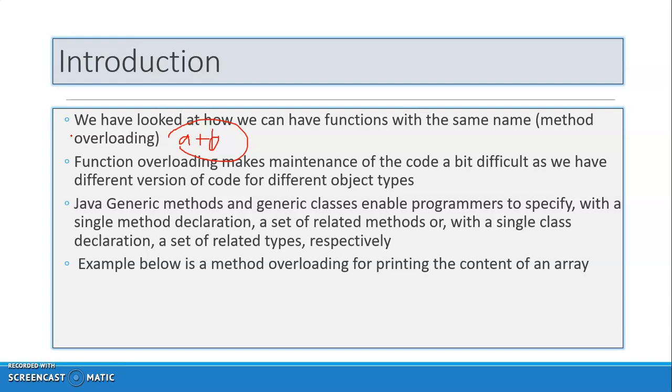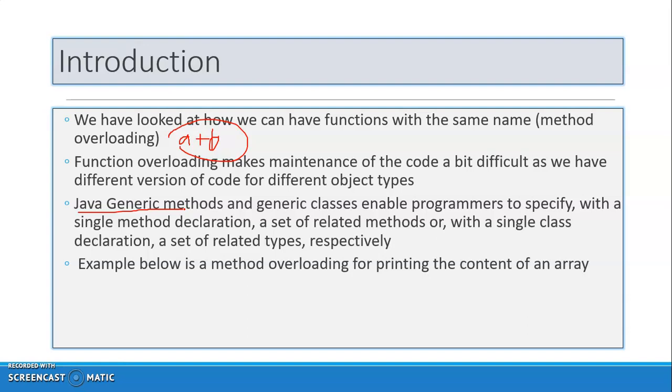But from Java 5, a better feature was introduced, and we call it the generic feature. So with generics, we are able to come up with generic methods as well as generic classes and interfaces. So we can create a generic thing. We can come up with something general.